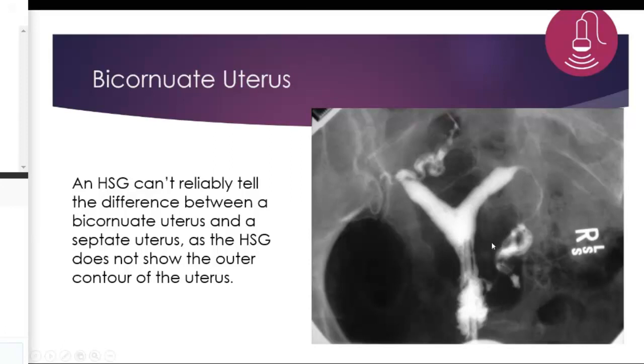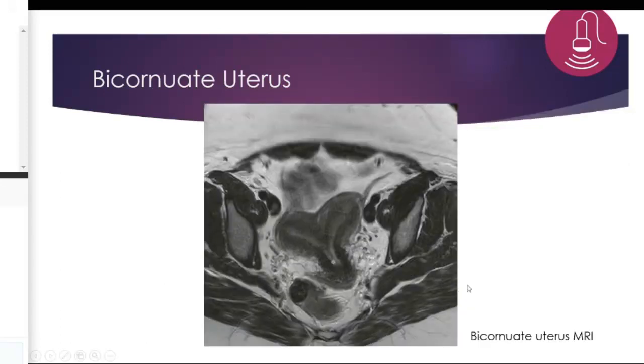So if the myometrium were to come up this way and dip down and follow those endometrial canals, that would be a bicornuate uterus, so that heart-shaped uterus. And if the myometrium would go straight across, that would be a septate uterus. But since there's no delineation of that on this x-ray, we can't tell if this patient has a bicornuate or a septate uterus.